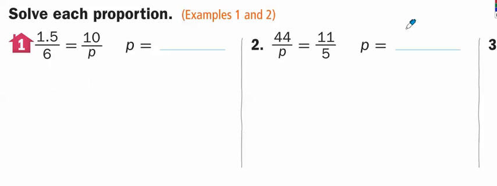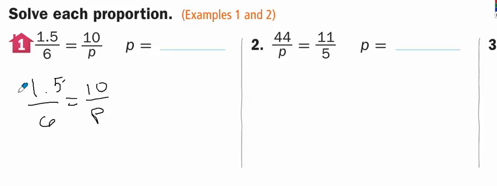If we look at this problem again, some students notice this right away, and this is a more natural way for some students to do this problem. I encouraged you in class to look for what we call horizontal or vertical scale factors. How could we get from 1.5 to 10 or 1.5 to 6? What a lot of students notice is that if we double 1.5, we get 3, and if we double 3, we get 6.